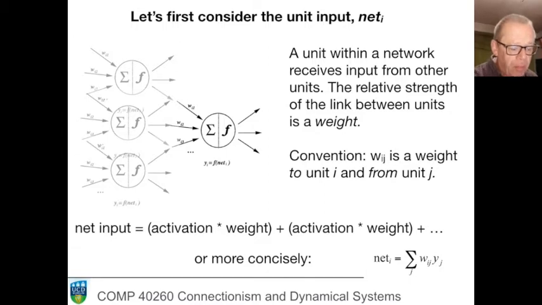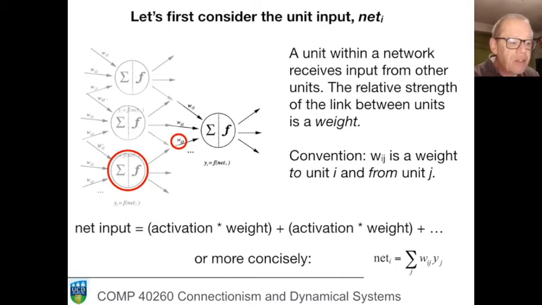So the sum consists of the activation of this unit multiplied by the weight connecting it to our present unit, unit i, plus the activation of this unit multiplied by the weight connecting it to unit i, plus this unit multiplied by its weight.